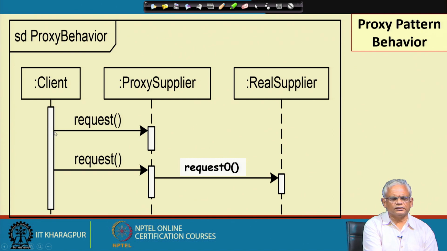The client interacts only with the proxy, and some of the requests the proxy handles here do not even pass on to the real supplier, and for some requests it does some work here and then calls the appropriate method on the real supplier, gets the data, does any further processing required and returns the data to the client.